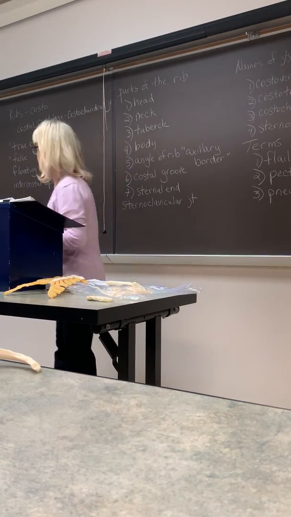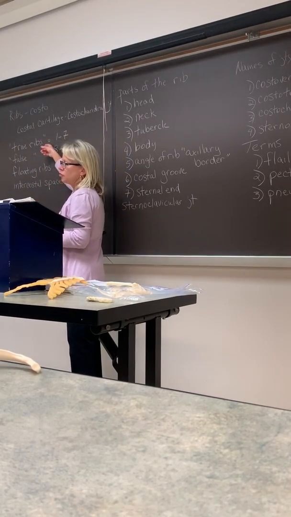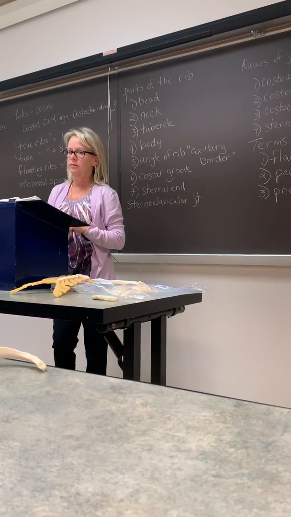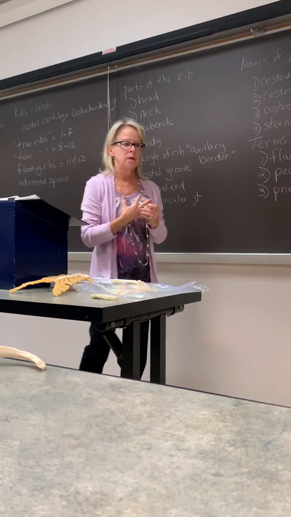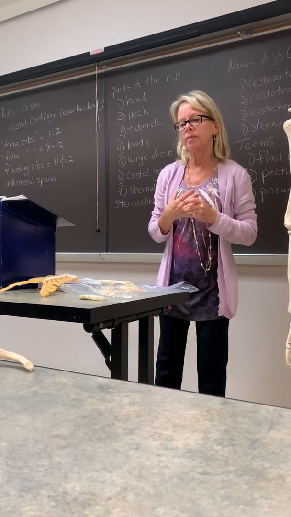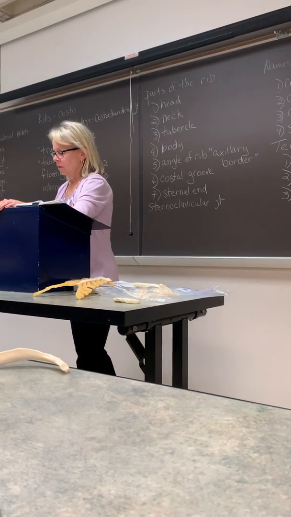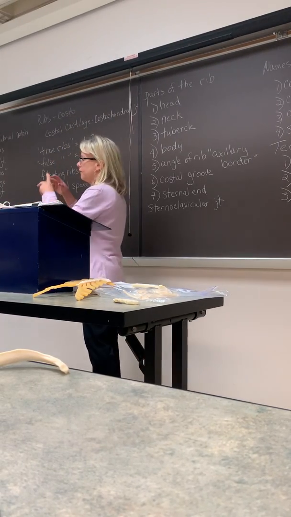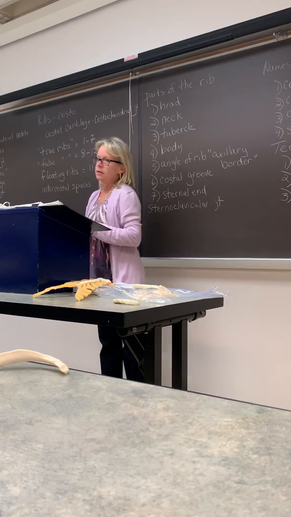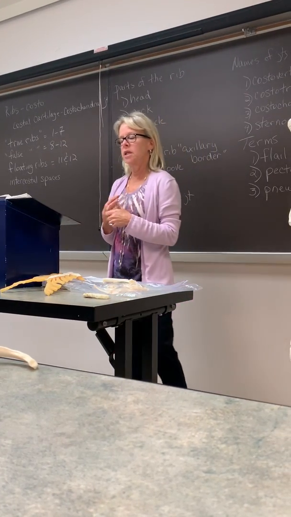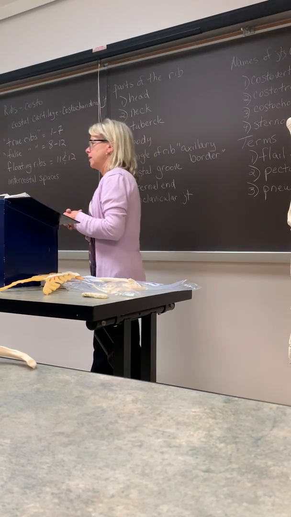Okay. All right, so what they call true ribs are 1 through 7, because they attach directly to the sternum. They call them true ribs. Okay. False ribs are 8 through 12 because they don't attach directly to the sternum.